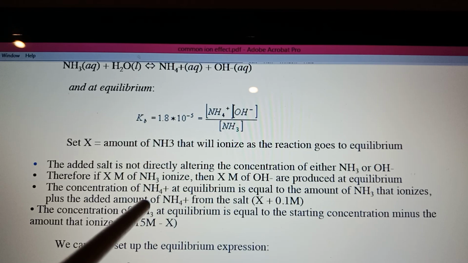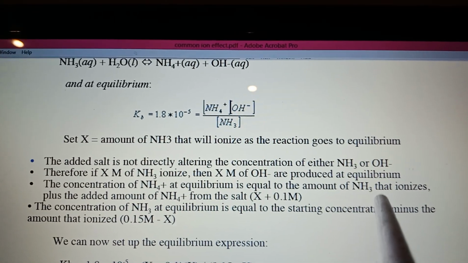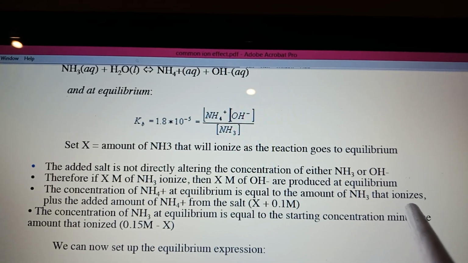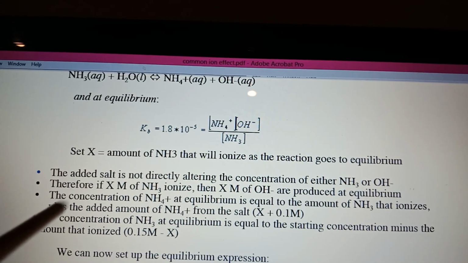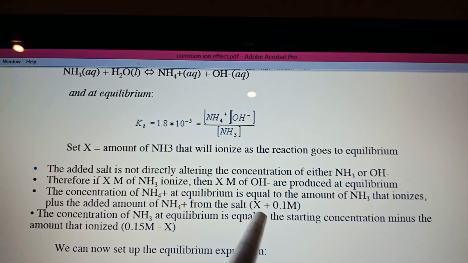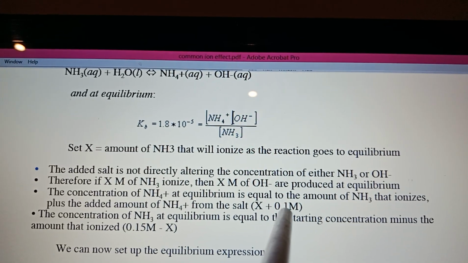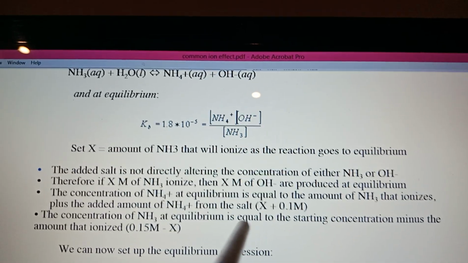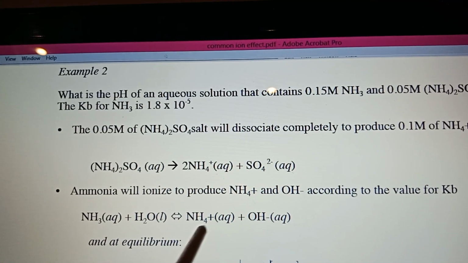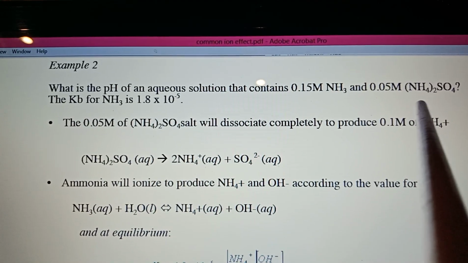So the concentration of ammonium ion at equilibrium is equal to the amount of ammonia that is ionizing, plus the added amount of ammonium ion from the salt, that is X plus 0.1 molar. That is the amount of ammonium ions which are generated from the 0.05 molar ammonium sulfate.